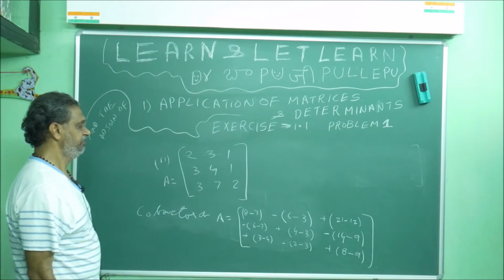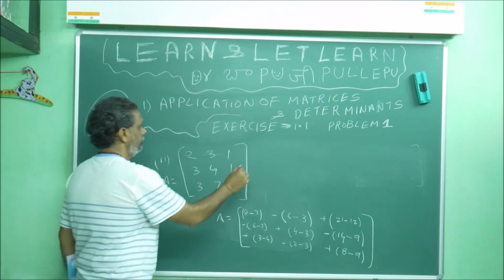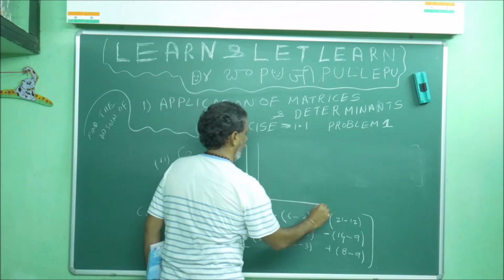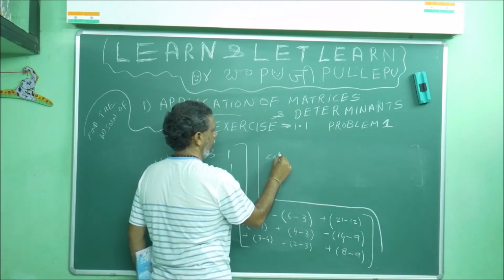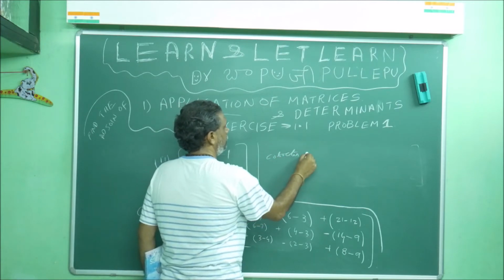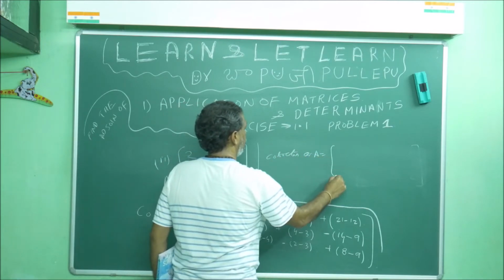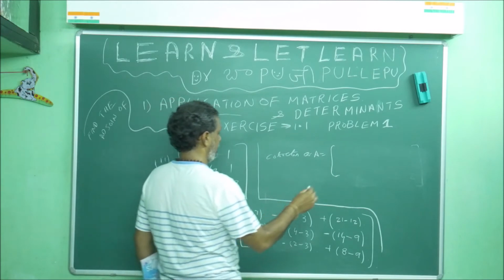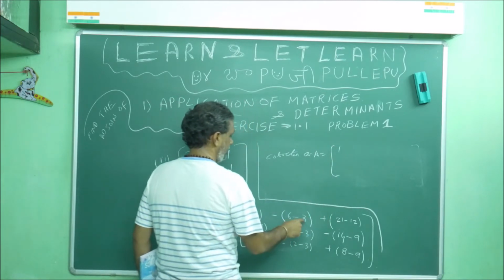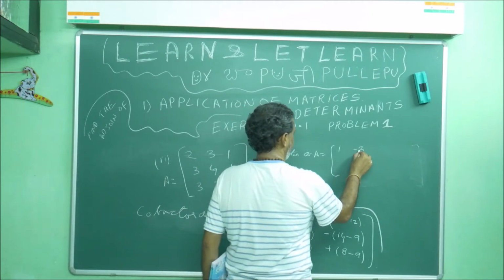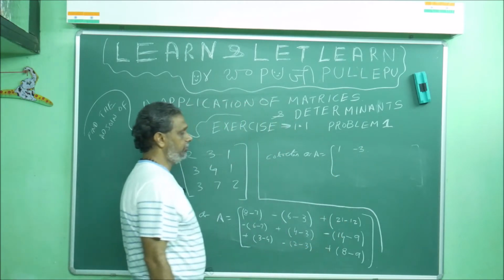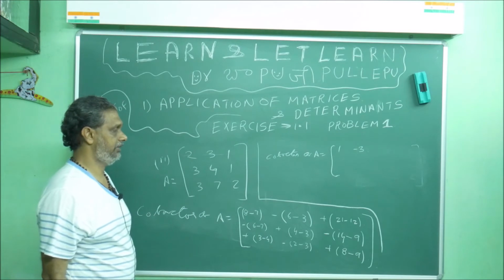Getting or not? Then what will you get? Cofactor of A is equal to what? 8 minus 7 is 1. 6 minus 3 is 3, already minus is there, so minus 3. 21 minus 12 is 9.